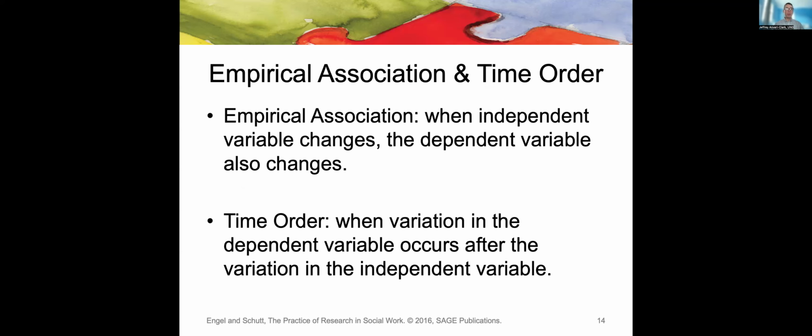So the empirical association is when we've got some research, we've got data that we've collected where we can identify, okay, we have an independent variable, this changed, and as a result, we see a change in the dependent variable that corresponds. And when we have that time order, we can see that change happened after we instituted the change in the independent variable.